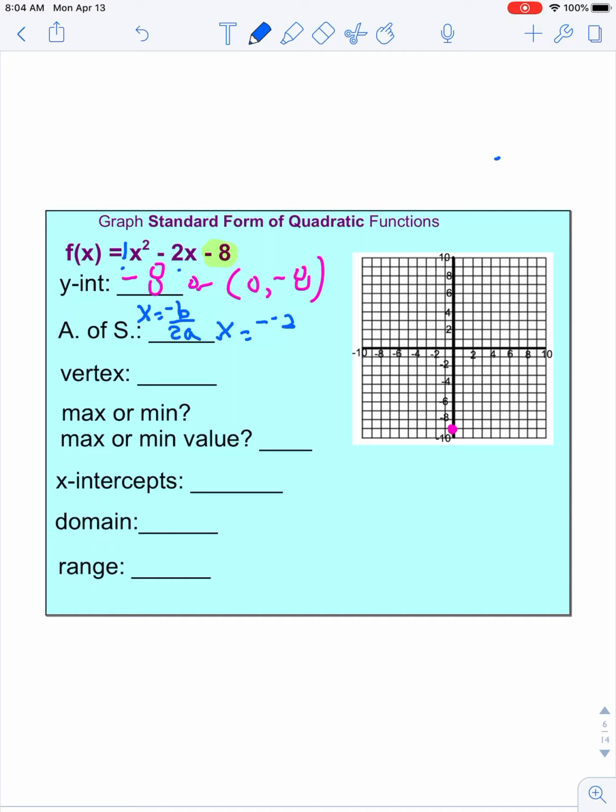And since b is already negative, that's going to change to a positive. So the opposite of -2 over 2 times 1, which gives us an axis of symmetry of x equals 2 over 2, or our axis of symmetry is x equals 1. So I'm going to put that in here, just like that. There's my axis of symmetry.